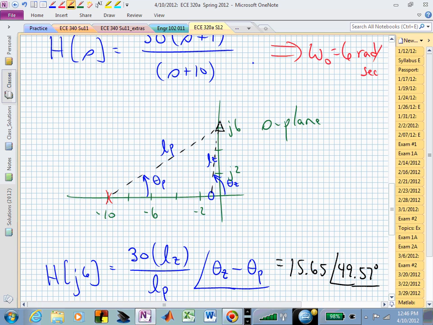If we replace s with j omega, then the magnitude of the denominator is just the magnitude of j omega plus 10. Here's 10, and here's j omega, in our case actually 6. So we're looking for the length of 10 plus j6, and that's just this hypotenuse. That's L sub p1, the bottom magnitude, due to the pole.